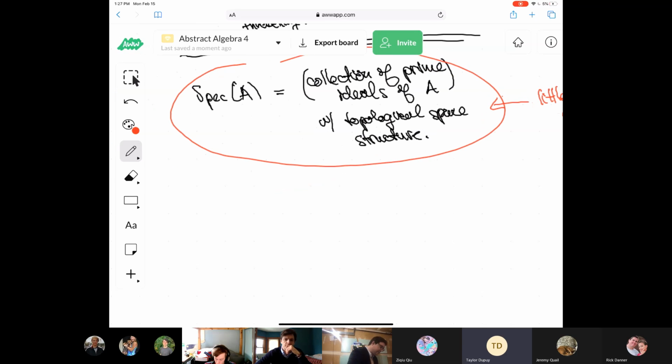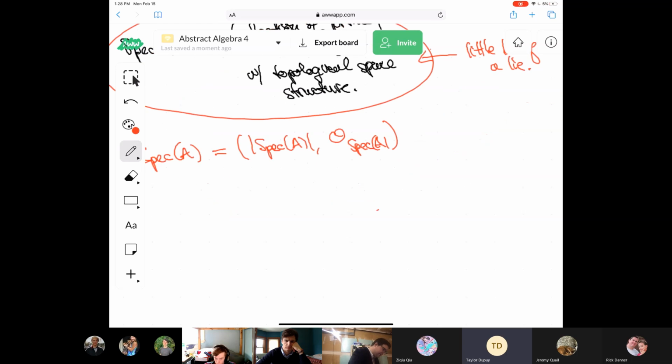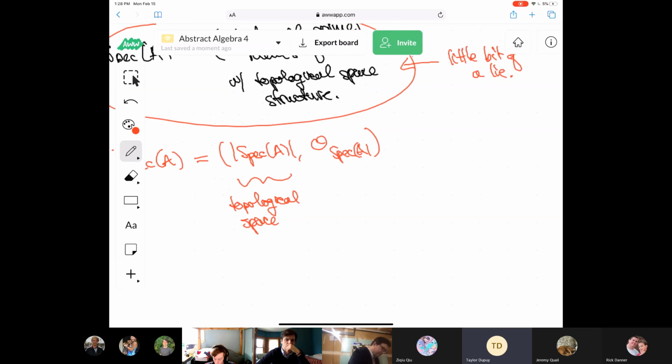The true story is that this thing here is really 2 things. It consists of an underlying topological space and a sheaf, what's called a sheaf of rings.